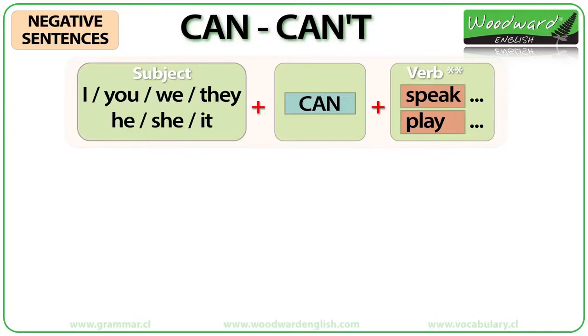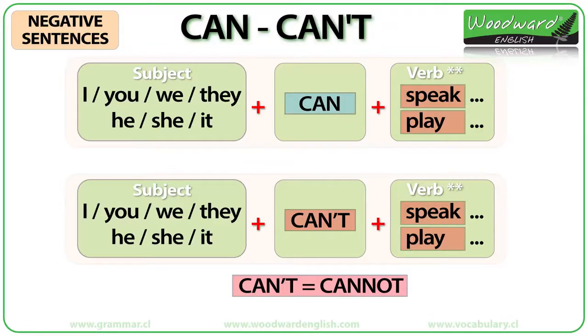How can we make negative sentences? It is easy. We use can't or can't instead of can. Now, you may have noticed that I pronounce that word in two different ways. Can't and can't. What's the difference?